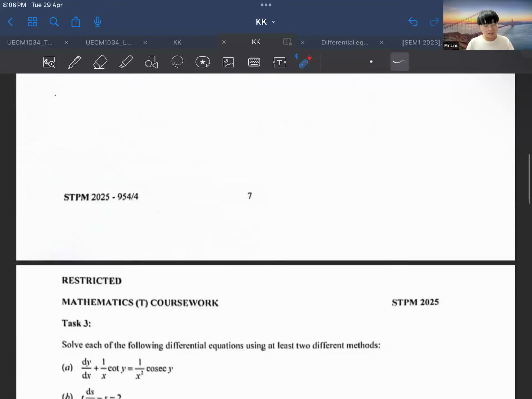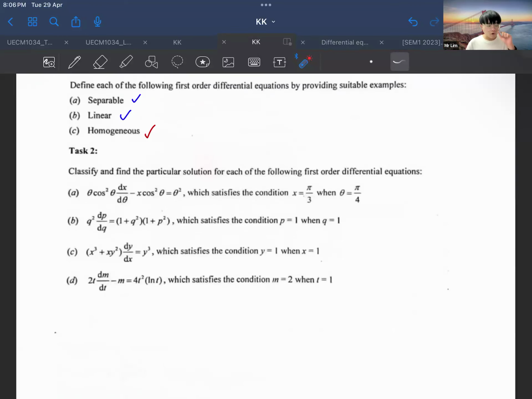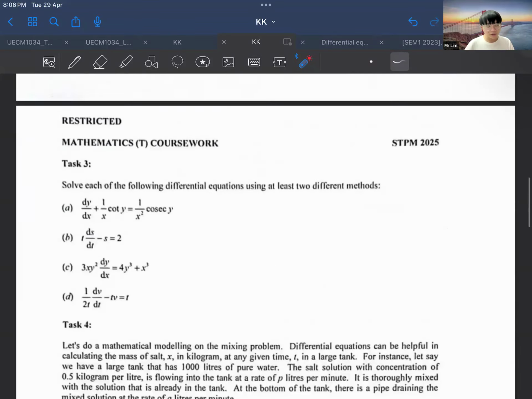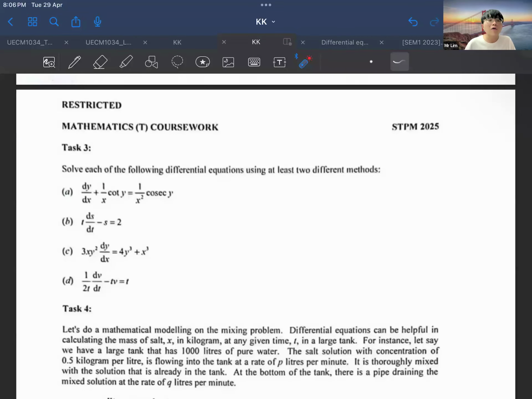If you look at task two, for each of these differential equations, they only ask you to use one method to solve. But for task three, it says solve the following differential equation using at least 2 different methods. So this is where it becomes more challenging.